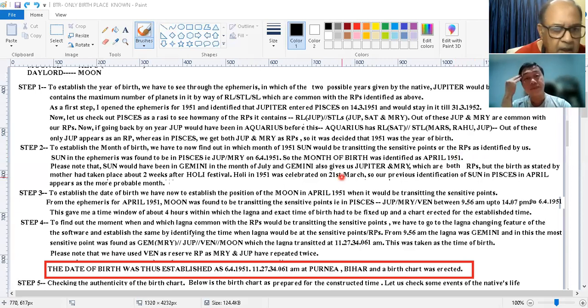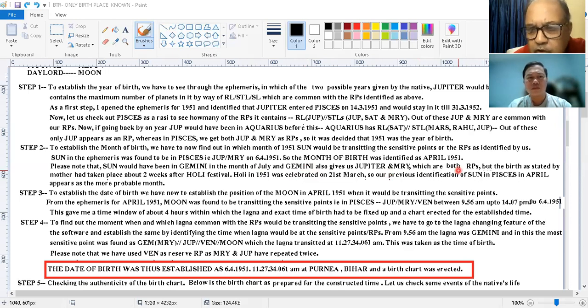Two more alternatives. Please note that Sun would have been in Cancer in the month of July, which gives us Jupiter and Mercury, both ruling planets. I wrote Gemini wrongly, it should be Cancer.